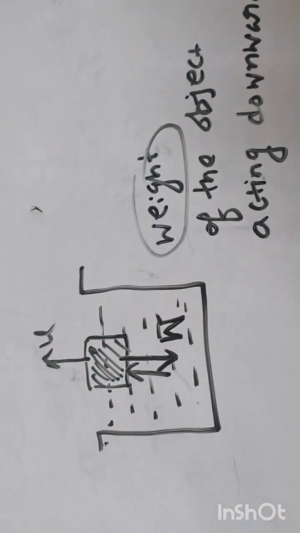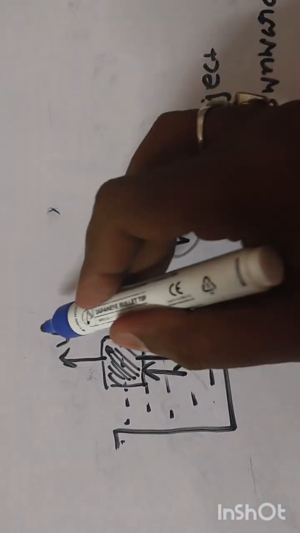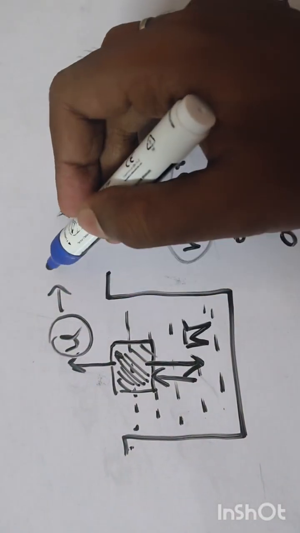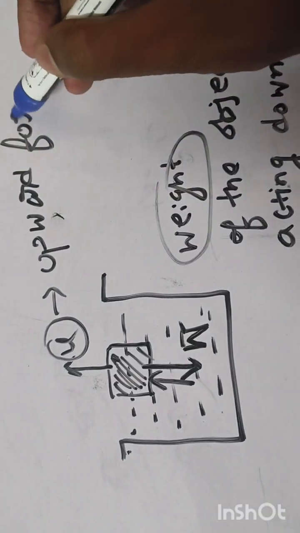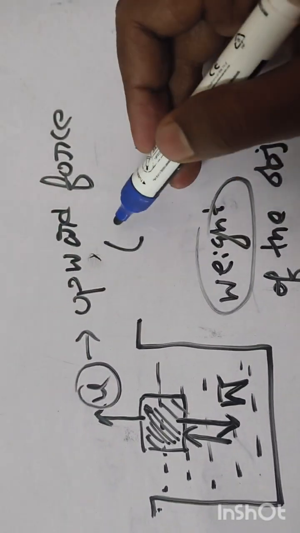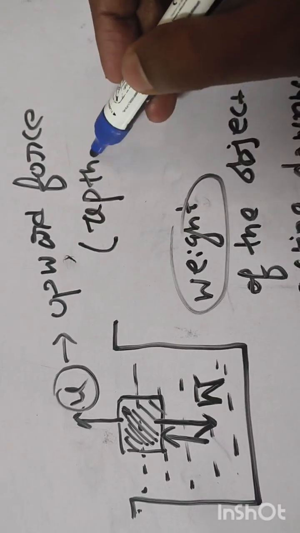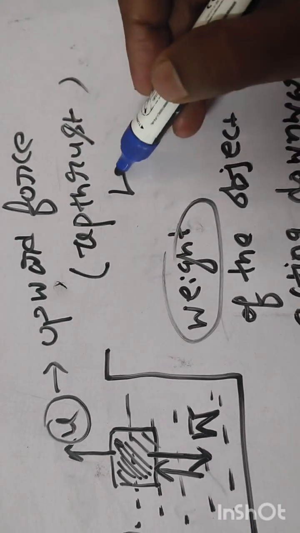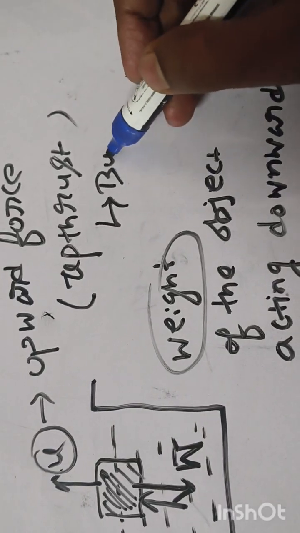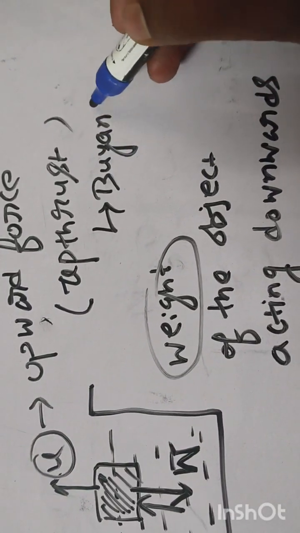Let's call it U. Now this upward force, its name is upthrust, this is called buoyant force.